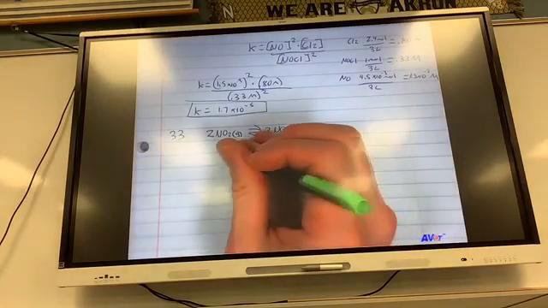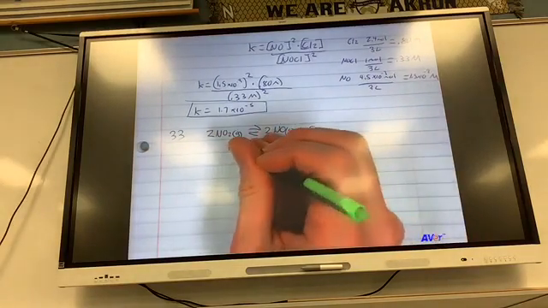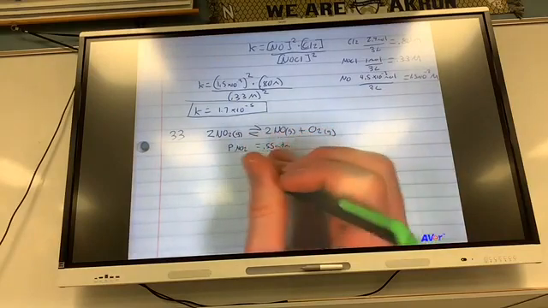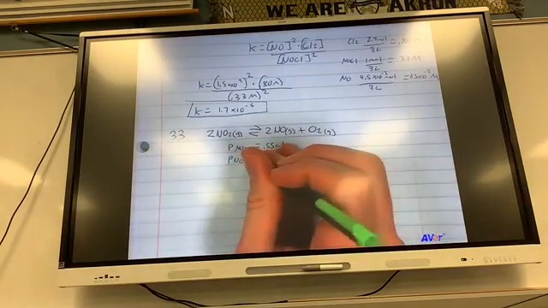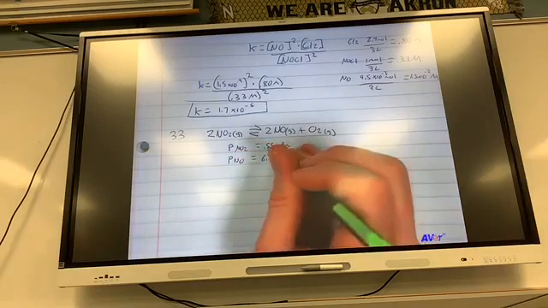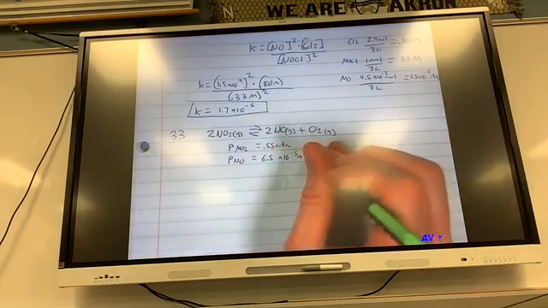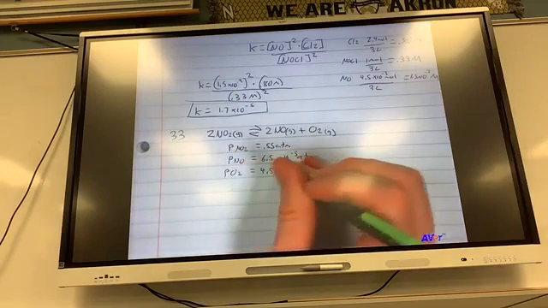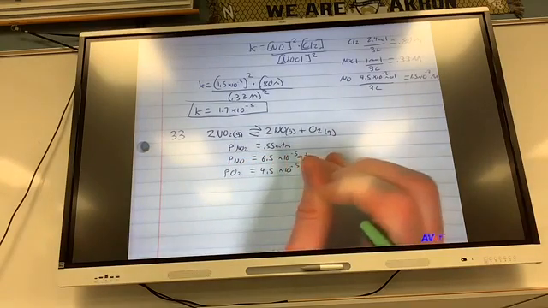Whenever you have pressure, so they give me P NO2 equals 0.55 atm. They give me P NO equals 6.5 times 10 to the negative fifth atm. That's small. And PO2 is 4.5 times 10 to the negative fifth atm.